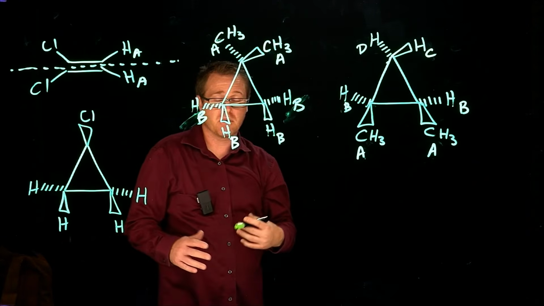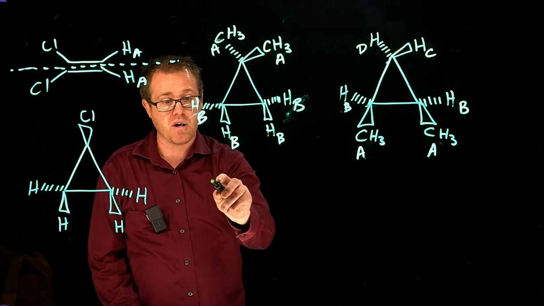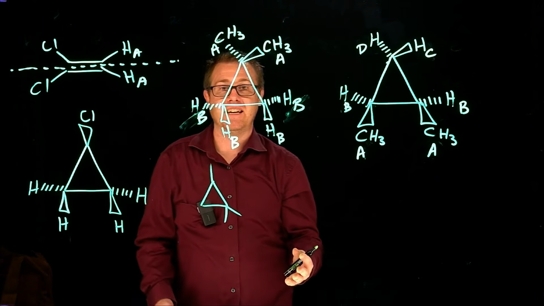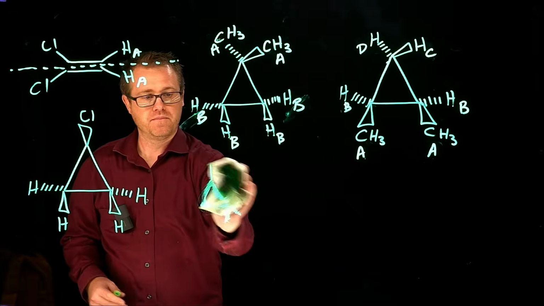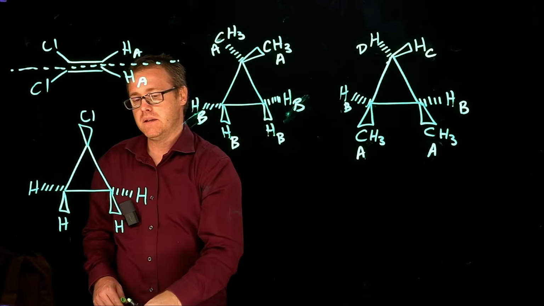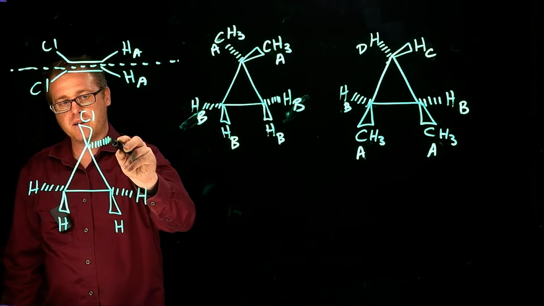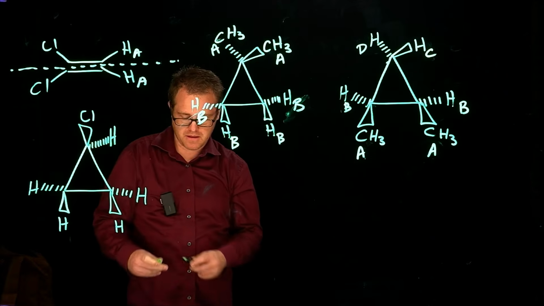But if your test problems, practice problems, or examples in the book draw it like that, then you have to adjust it and draw in the stereochemistry. And then oftentimes people forget, hey, there's a hydrogen hanging out right there. All right?